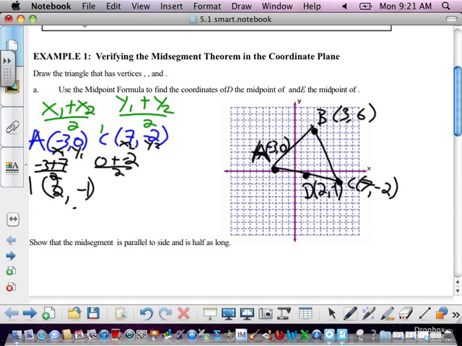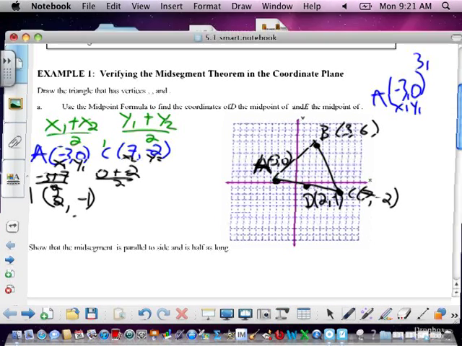Now we have to do another one. Instead of A and C, I'm going to look at A and B. So A is negative 3, 0, x1, y1, and B is 3, 6.